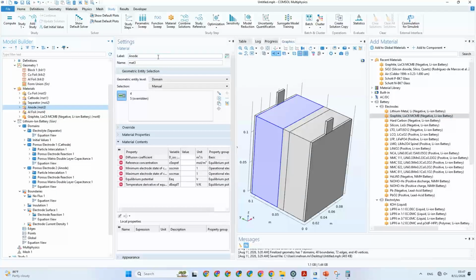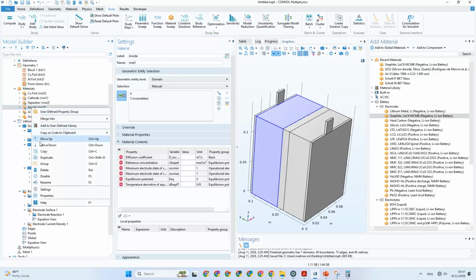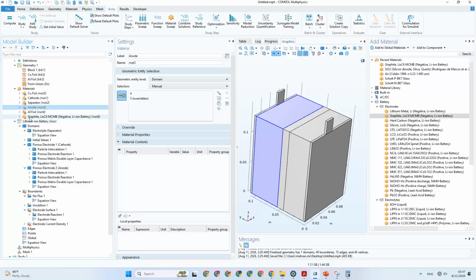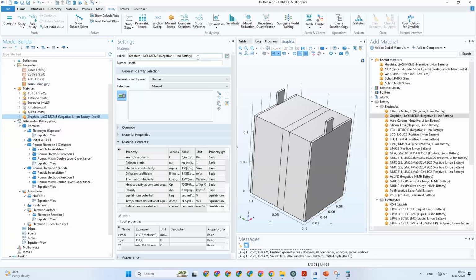I just copy the anode name and disable this, and I add this as anode.